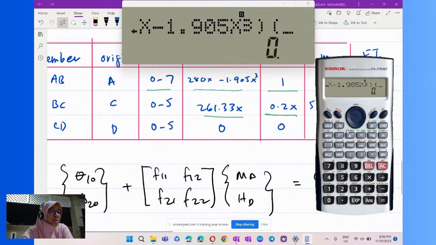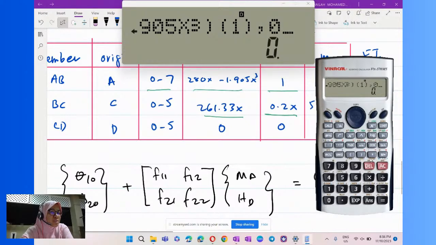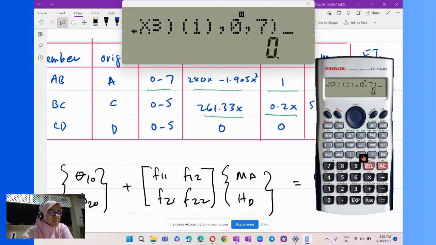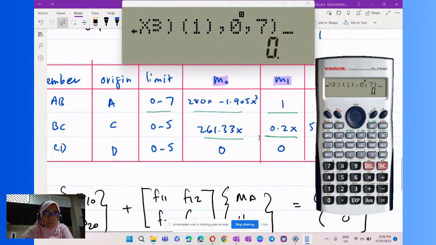M1 M naught times 1, the limit is from 0 to 7. M1 is 1, M naught is 280x minus 1.905x cubed.